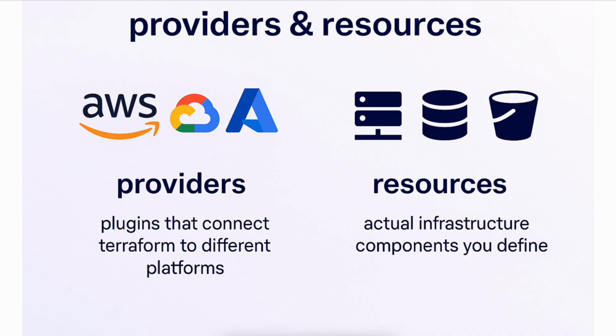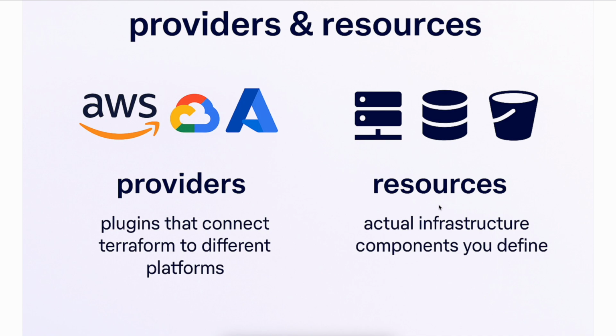At the heart of Terraform are providers and resources. Providers are plugins that connect Terraform to specific platforms like AWS, GCP, Azure or even Kubernetes. Resources are the actual components you define: servers, databases, networks, storage and more. In simple terms, providers tell Terraform where to work.